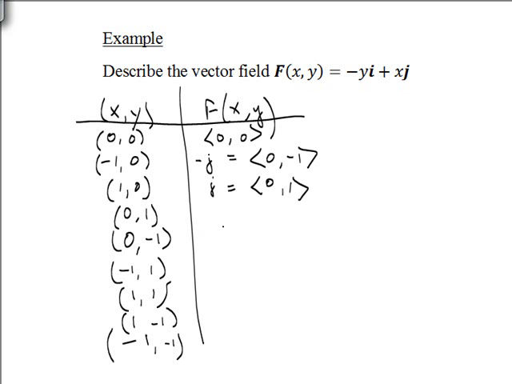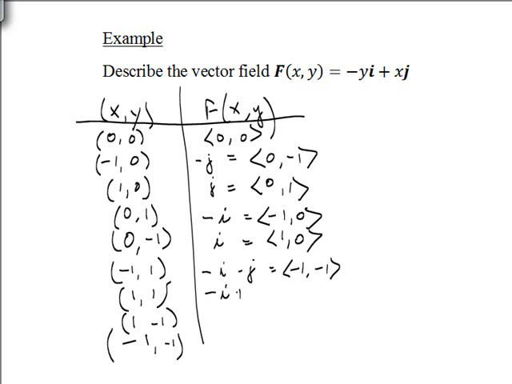Next one, y is 1, so this is just negative i, which is negative 1, 0. Next one, y is negative 1, so this is i, which is 1, 0. Y is 1, x is negative 1, so this is negative i minus j, which is negative 1, negative 1. 1, 1 is negative i plus j, which is negative 1, 1. 1, negative 1, when you substitute that, that is i plus j, which is 1, 1.